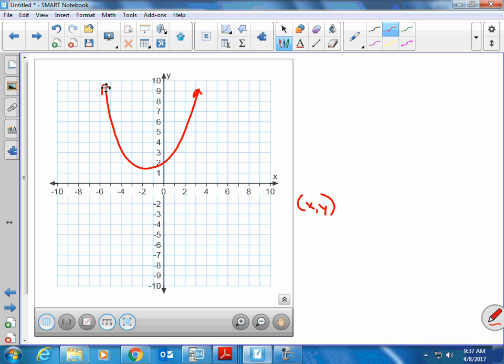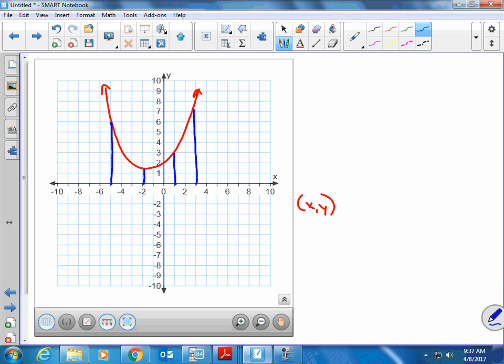So what does that look like on my graph? Let's pick the x coordinate of -5. Is there only one y value that goes with it? Yep. How about -2? Yep. How about 1? Yep. For every x, there is only one y value. Notice what kind of lines I'm drawing. I'm drawing vertical lines.